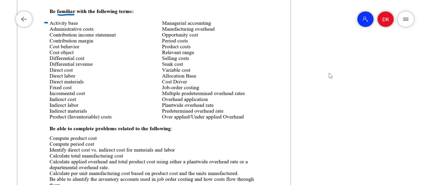And the example they give is to understand the cost of surgical gloves, you would need to know the number of procedures performed in a surgery center or surgery room, and that would be the base that you could use to drive the cost of gloves, because if you're doing more surgeries, you're going to use more gloves.